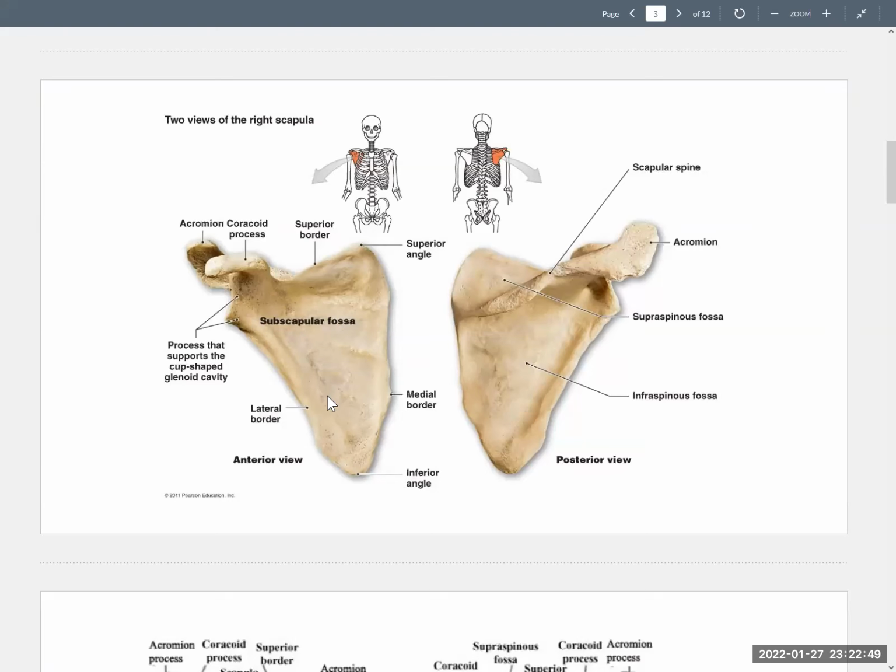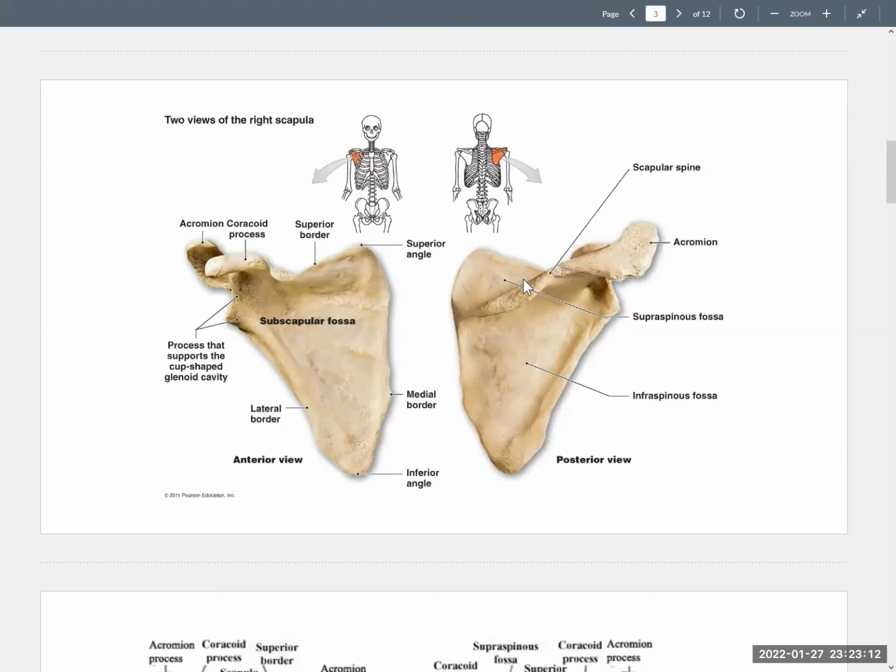Okay, so now let's turn it around, like you were going to slap somebody on the back. Okay, just at the shoulder. Here's the scapula. Here's our superior angle. Here's our inferior angle, not labeled because they're labeled right here.